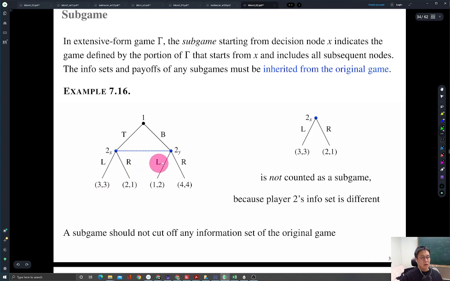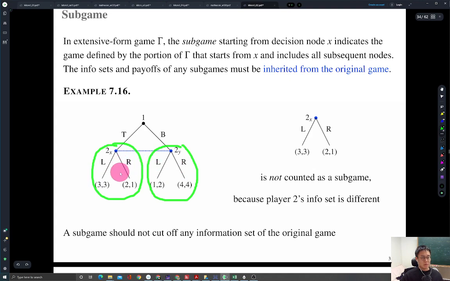And you may think of one portion of this game, say this one, starting from node Y, or starting from node X. And we may include this portion as a proper subgame of this extensive form, right?